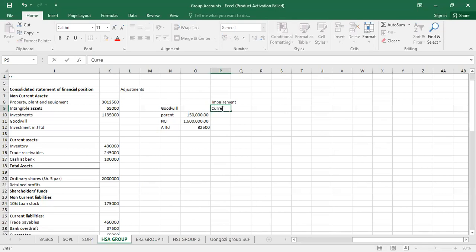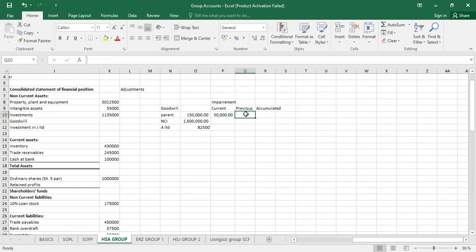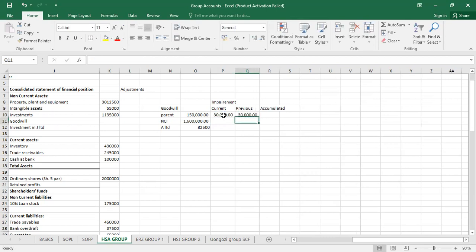We have current, then we have previous, then we have accumulated. So the current year, it has impaired by 20%, so 0.2. And also the previous year is the same as the current year, because it also impaired 20% on cost, not on reducing balance.